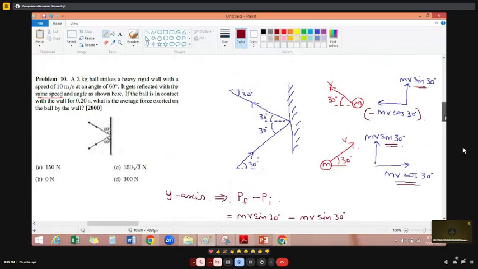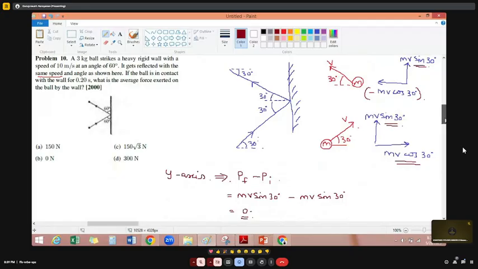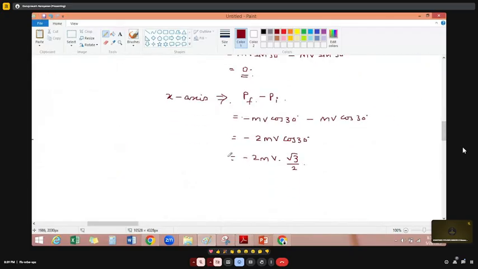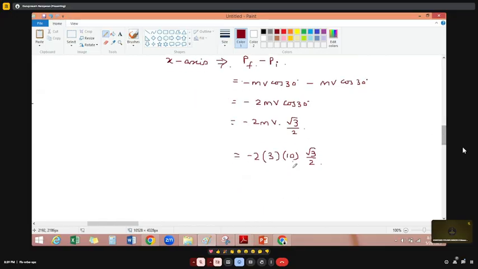So 3 kg and then speed is 10. So 3 and 10. The 2 cancels, so I'll be getting 30 root 3.